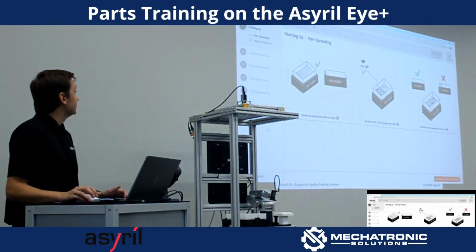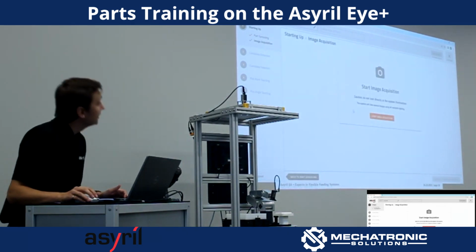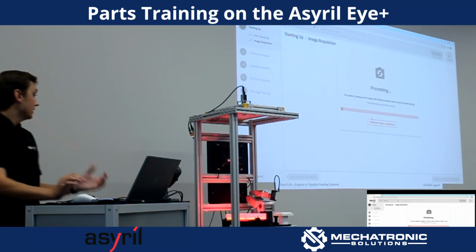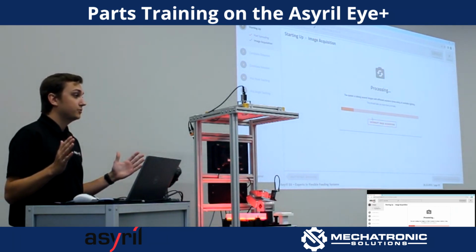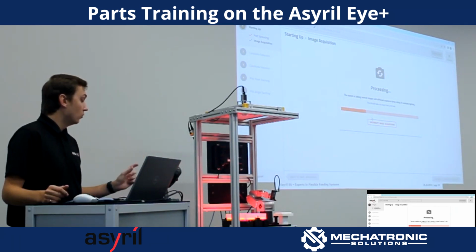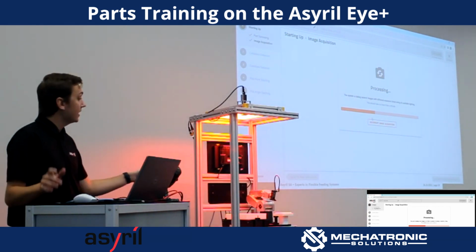So there's 7 steps here that you'll go through in the Eye Plus recipe wizard. And the first step is image acquisition. So this is going to light the backlight and run through 30 different images at different exposure levels that you can set. Right now it's set to 1 millisecond intervals, so from 1 millisecond to 30 milliseconds on the backlight.